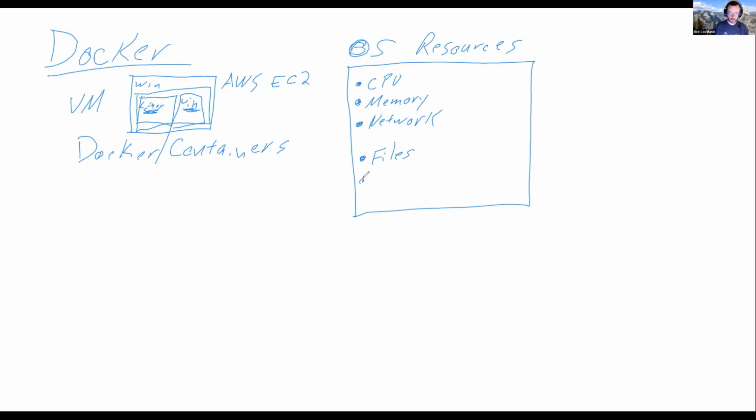And all the different processes have process IDs. And there's users and user IDs and groups and group IDs. So these are all things that operating systems normally are kind of managing for us.